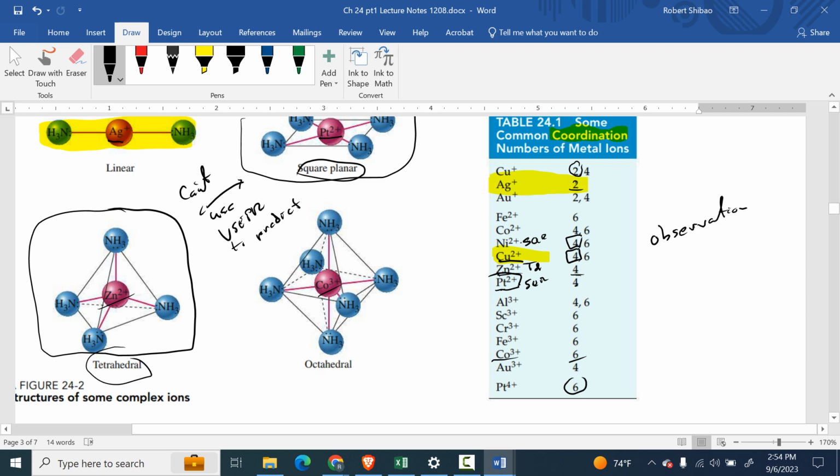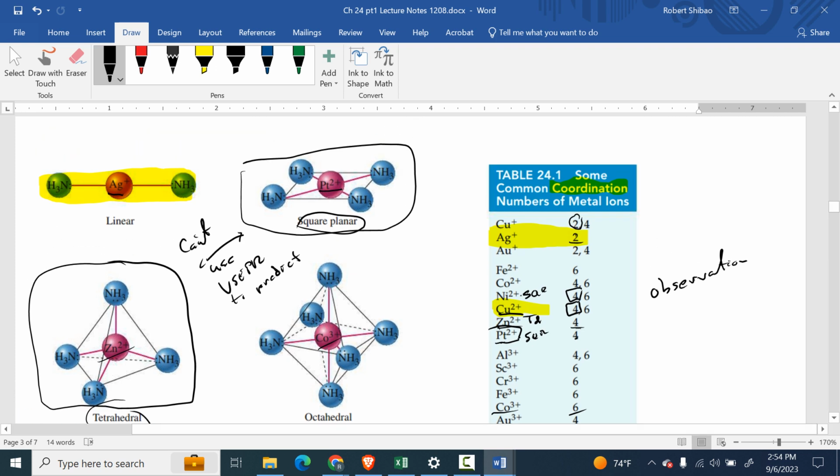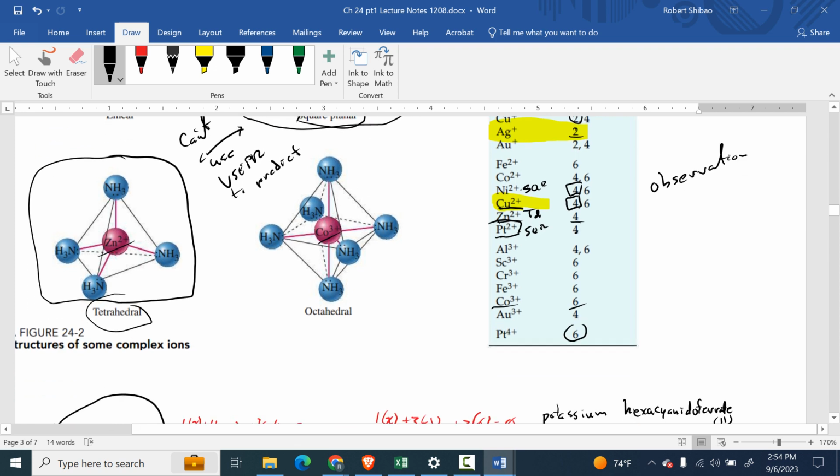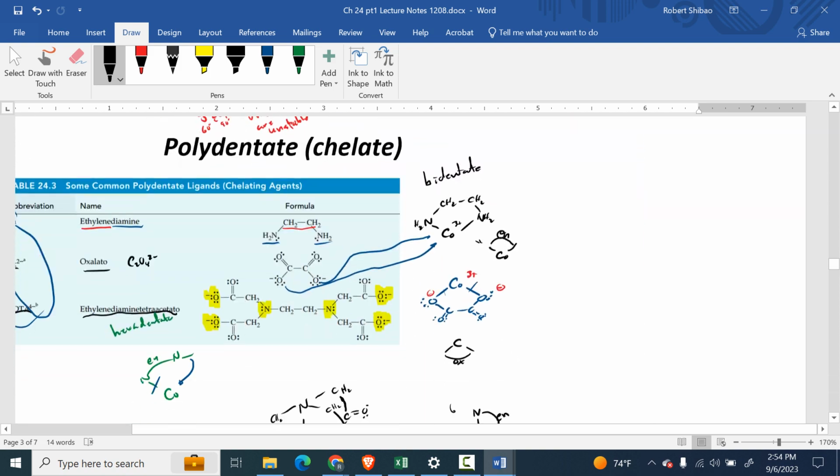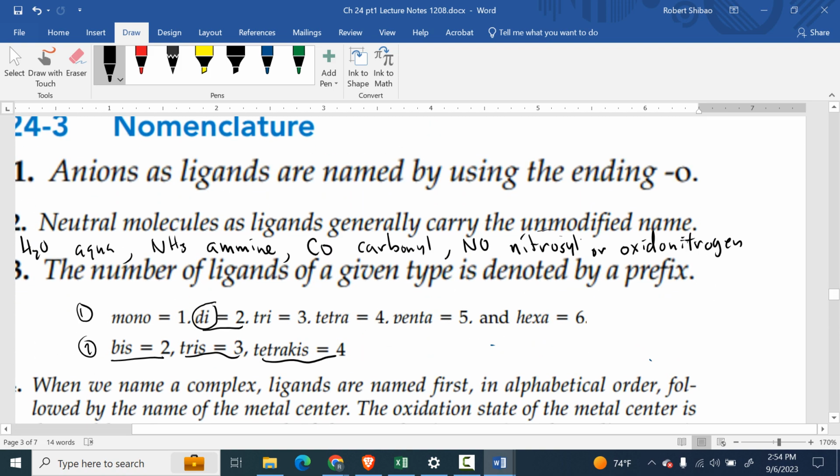And we don't use VSEPR here. Do you know what it is? It's square planar. And so these are just the observations. So you try to make sense of these observations by trying to find some kind of pattern to it. You may or may not.